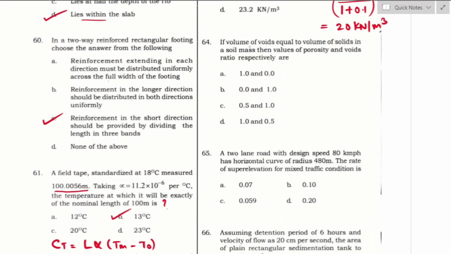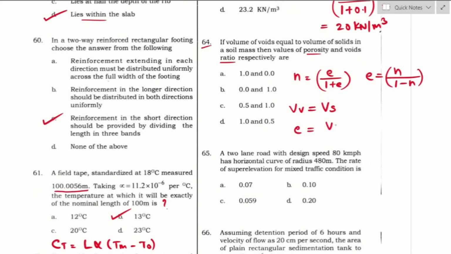Question number 64. If the volume of the void is equal to the volume of the solids in the soil mass, then the values of the porosity and the void ratio respectively. So we have to find the value of porosity and void ratio, given the condition that volume of the voids is equal to volume of the solids in soil mass. By this relation, we know that void ratio is the ratio of volume of the voids divided by total volume of the solids in a given soil mass.